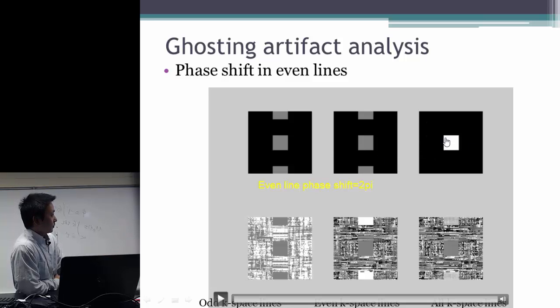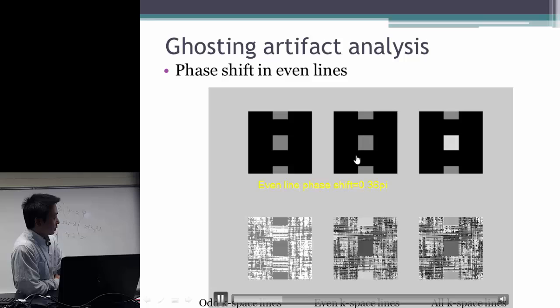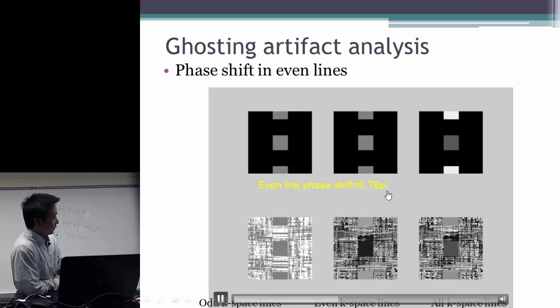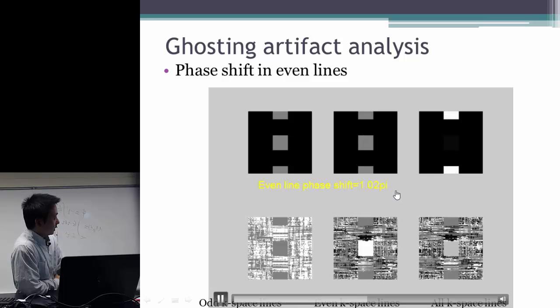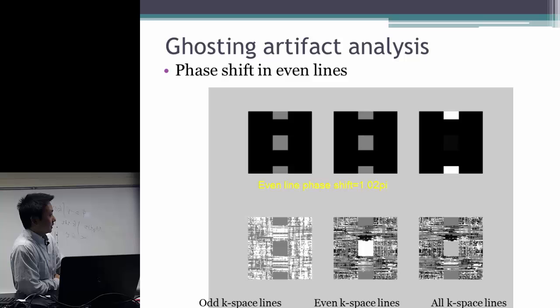So we can see that when the phase shift in even lines is exactly 1 pi, that means basically the phase, because there is a phase shift in the K-space, right?